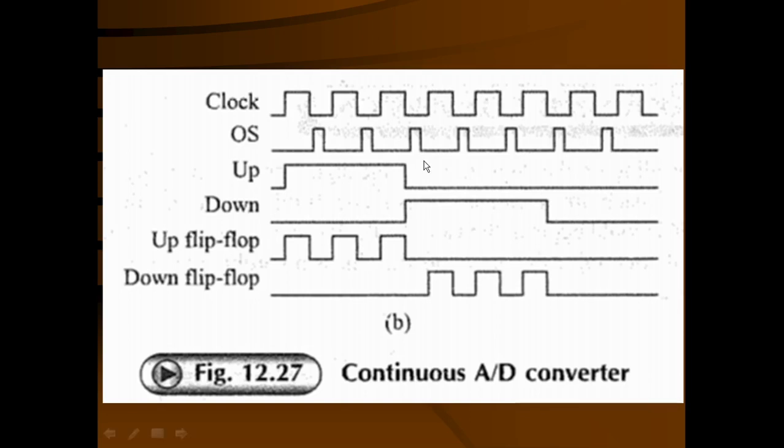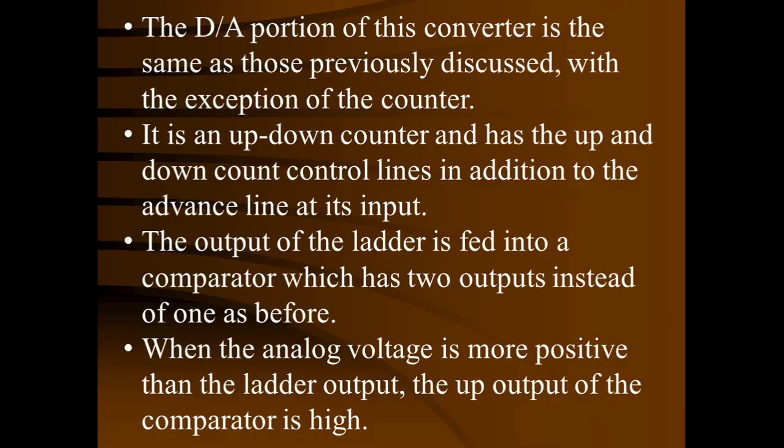That means the down flip flop will start passing the clock pulses, and the counter will be decremented in a downward direction, or the counter will operate in a down mode.